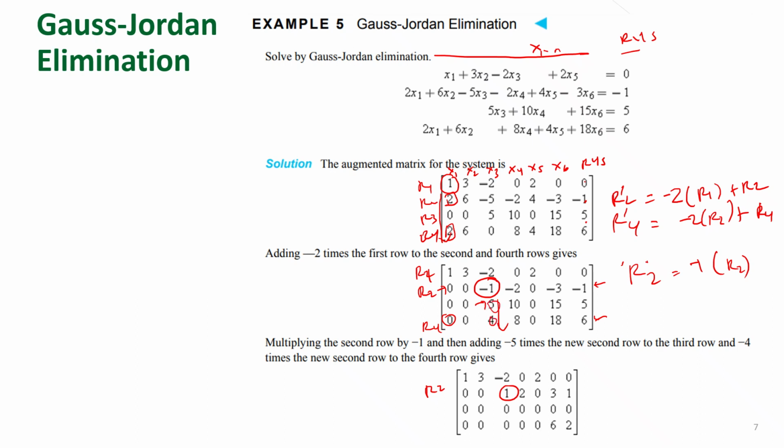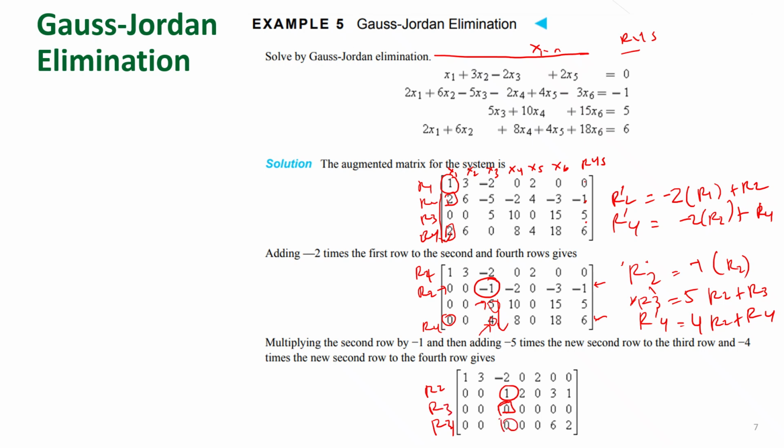So what you need to do is the new row 3 will be equal to 5 multiplied by row 2 plus the original row 3. So you have this one become 0. And then the new row 4 is equal to 4 multiplied by row 2 plus the original row 4. So you get here row 3, and this row 4 becomes 0.